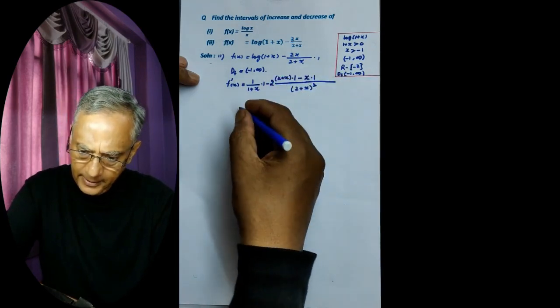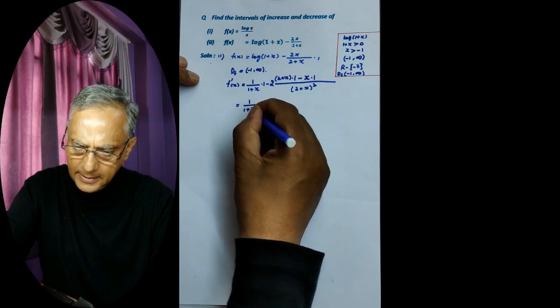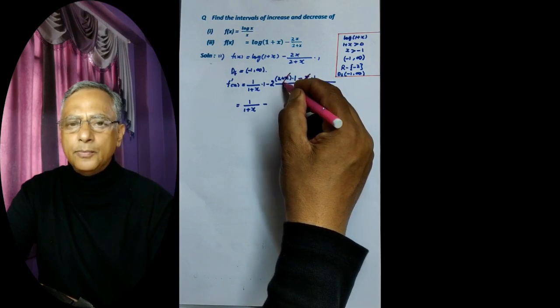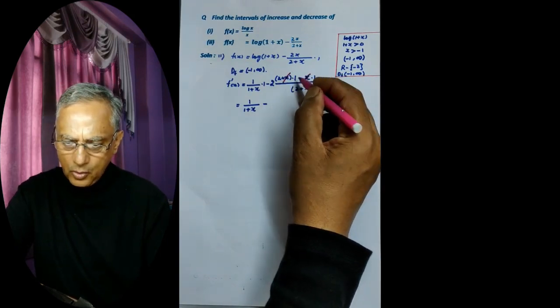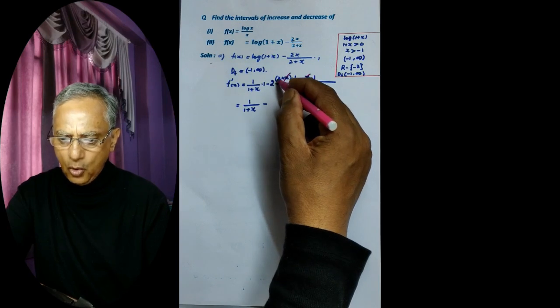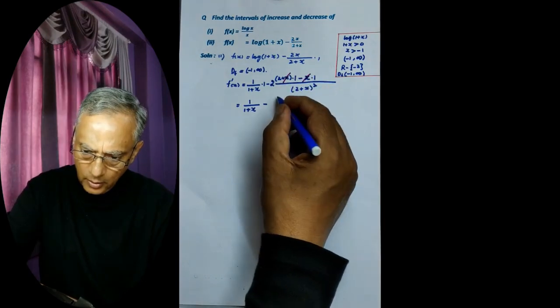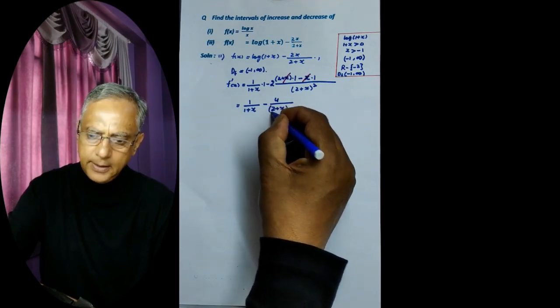So we get 1 upon (1 plus x) minus, this x cancels with this, and we are left with 2 twos are 4 over (2 plus x) whole square.